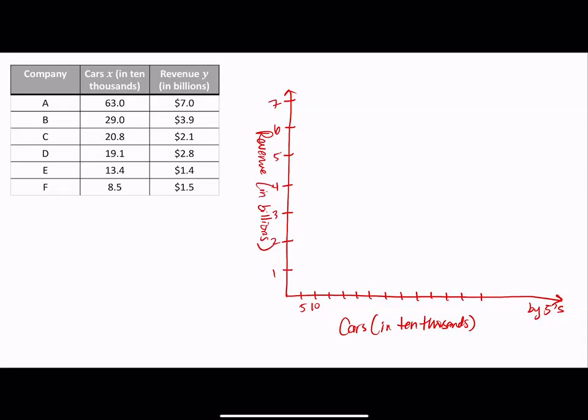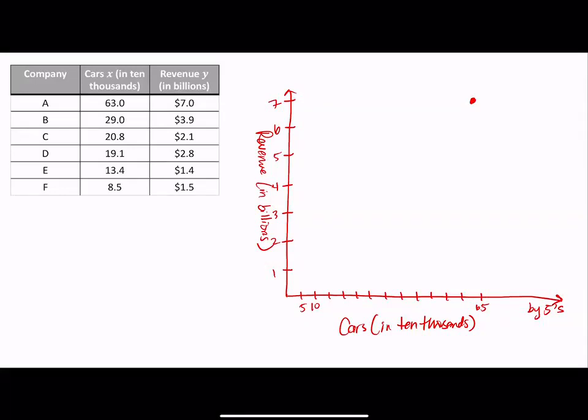So then I just start plotting this thing. So company A says it had 63, well, it's 10,000s of cars that it did, and the revenue was $7 billion. So you're going to go over to 63. Remember, this was 65. So we can label that if we want to. 63 and go all the way up to 7. So somewhere like right in here.